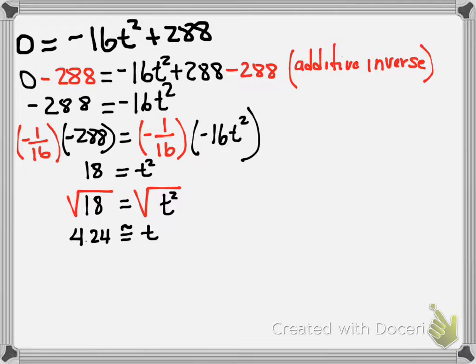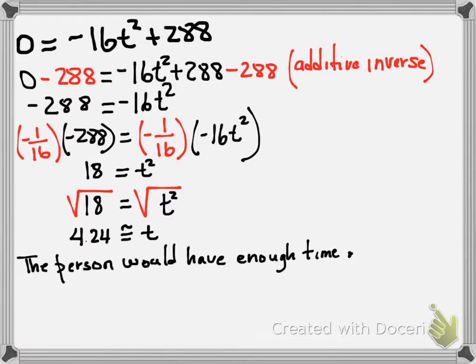But the question also asks, does the person on the ground have enough time to get out of the way? Remember, the sound travels at 1100 feet per minute. Okay, so let us see what we have here. All right. Yes, the person would have enough time to get out.